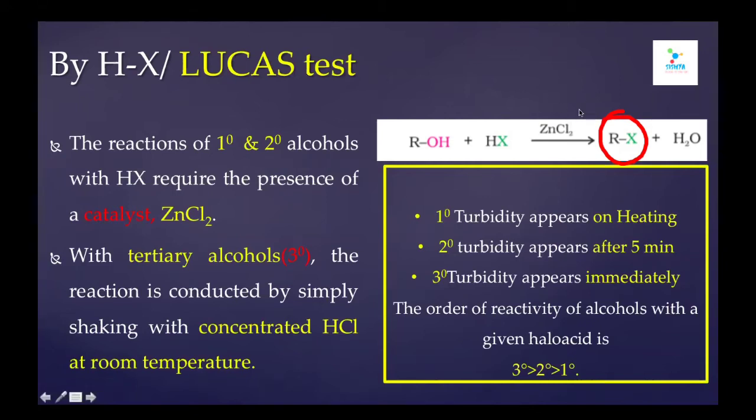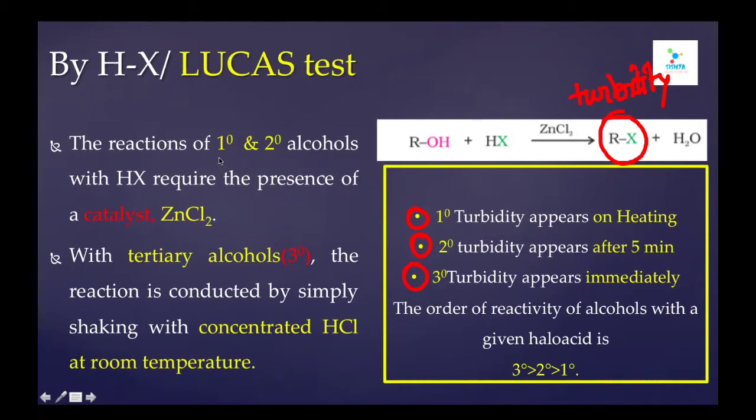The product appears as turbidity, meaning haziness within the solution, something whitish. So 1 degree alcohol appears on heating, 2 degree after 5 minutes, and for 3 degree it appears immediately.